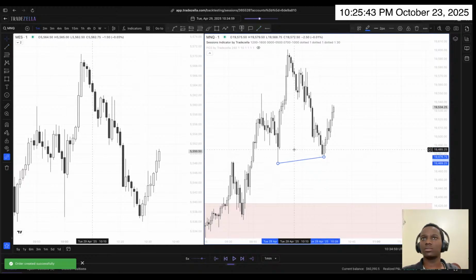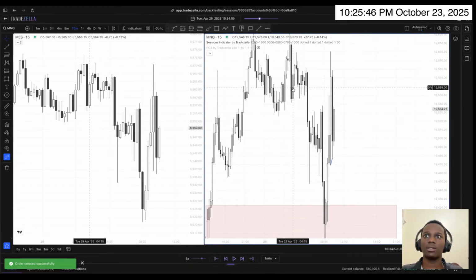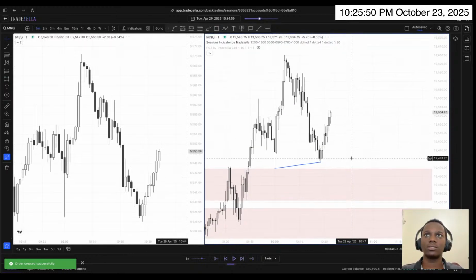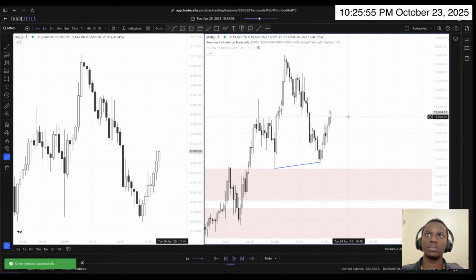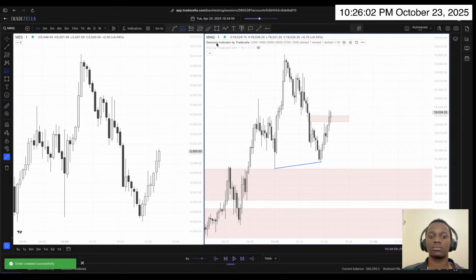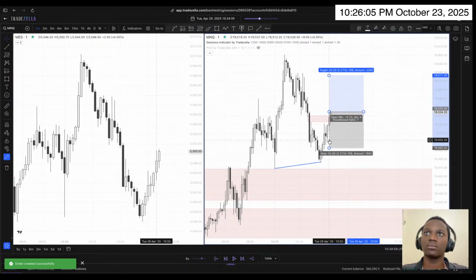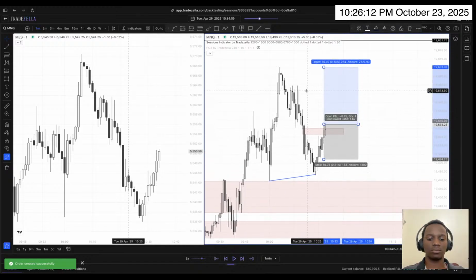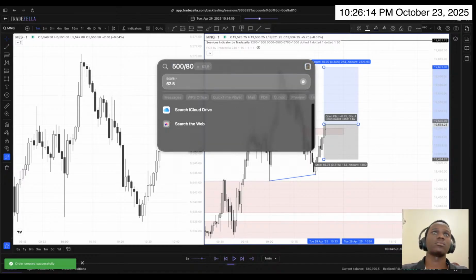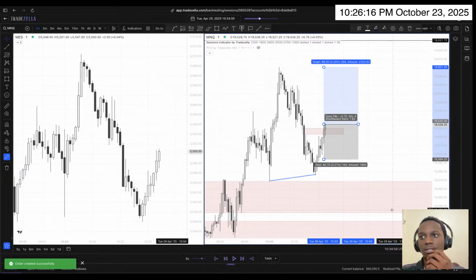SMT here. It's probably the same thing as a sweep. And got this 15 minute gap that's holding in ES. And then get a good inversion on the 1 minute. That's 6 handles.